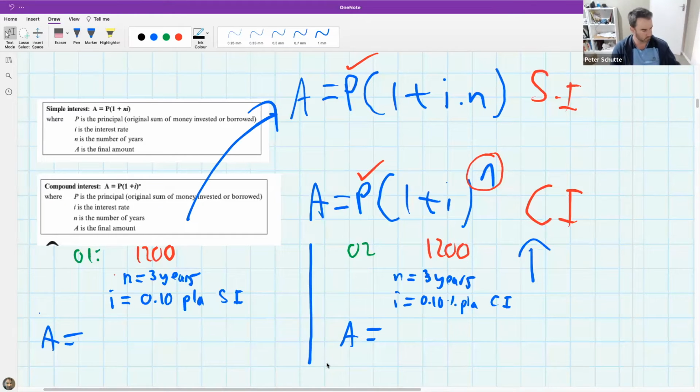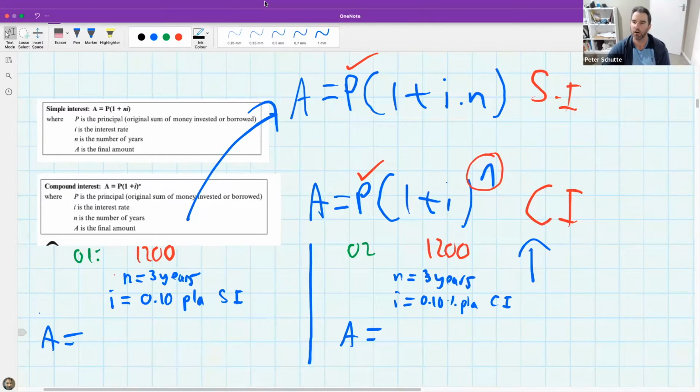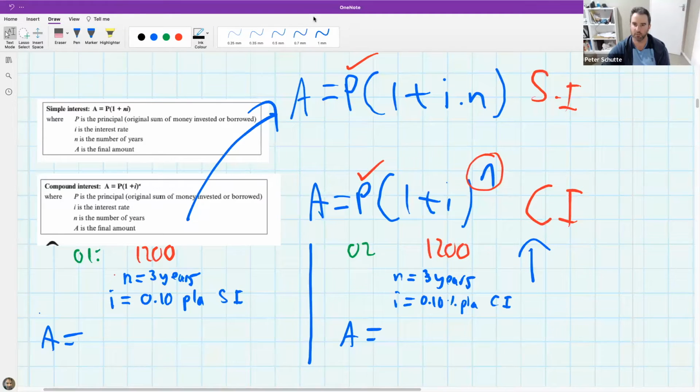And see what you can do. What are we getting for our answers here?